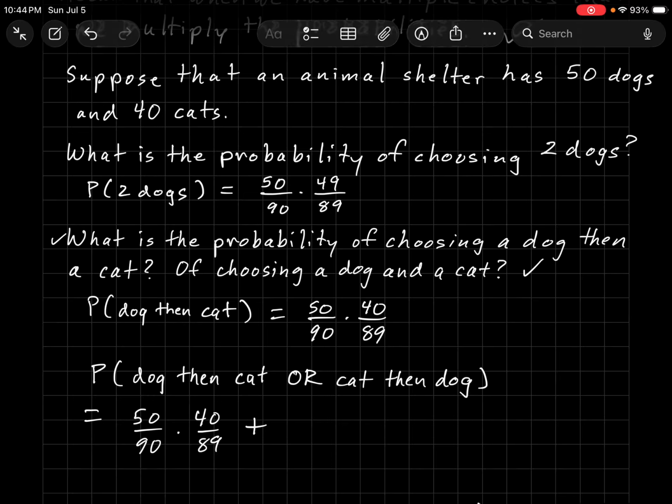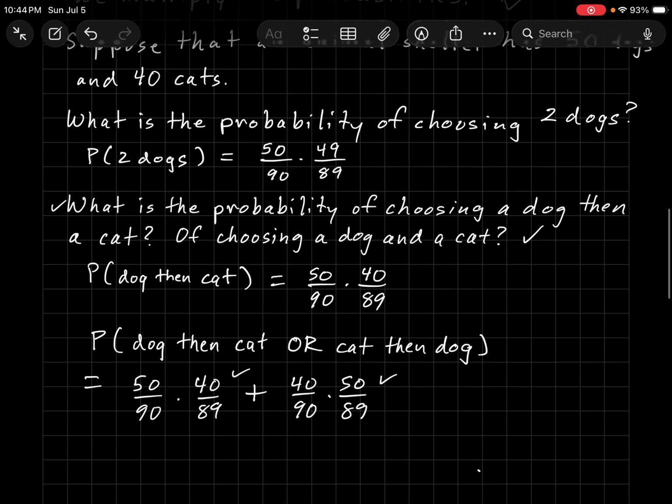Or I could have done a cat first, 40 out of 90, and then a dog times 50 out of 89. Notice that the order is different, but if you look at my fractions, they equal the same amount. And we'll talk about that later when we talk about counting techniques and some advanced probability problems.